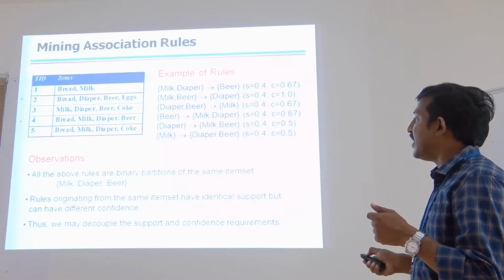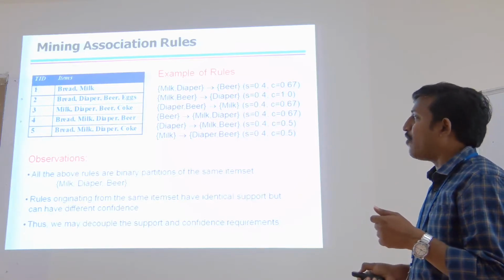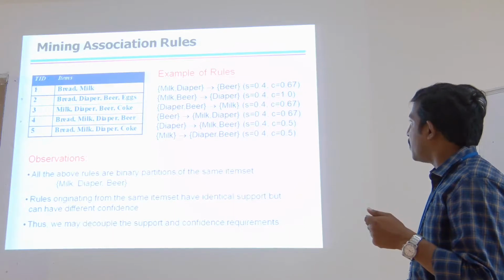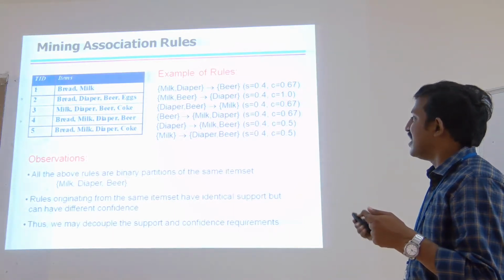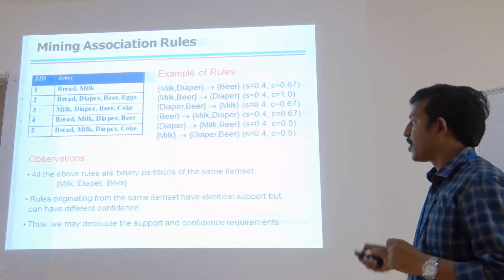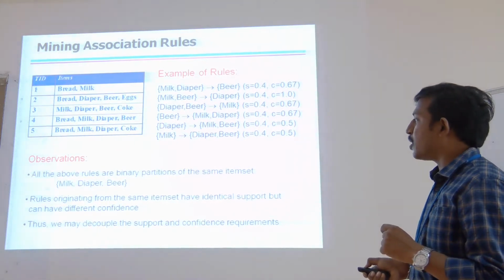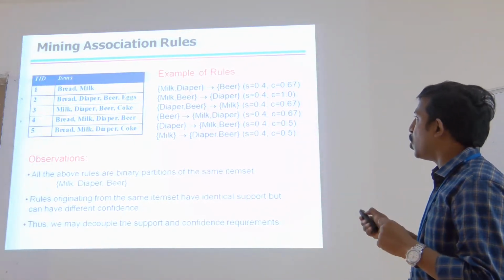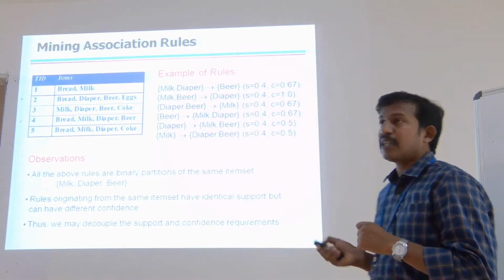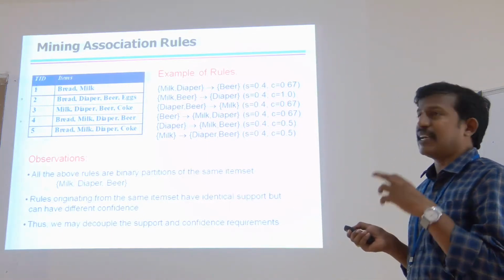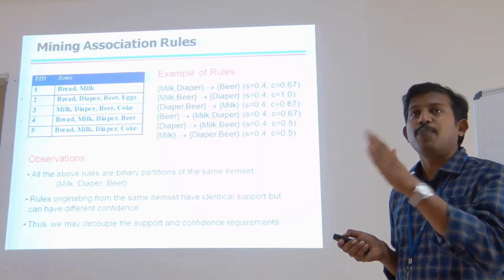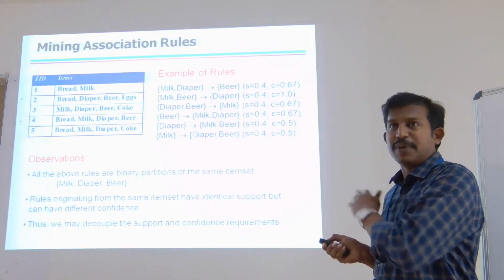The contents of the rules may be different, but the support will be the same because they have the same items. Thus, we may decouple the support and confidence requirements. So what we can suggest from this problem is that we can decouple the support measure and the confidence measure.